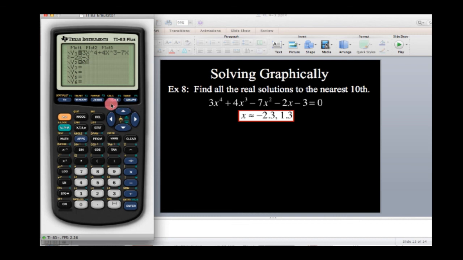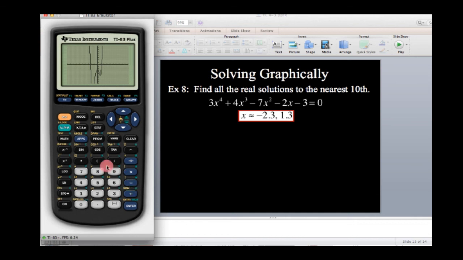And then we're going to graph, and again to graph and get back to that normal screen, we're going to push zoom. And then we're going to go down to number 6 for zoom standard. And we'll see what we see here. Okay, it looks like this intersects 0 in 2 spots.